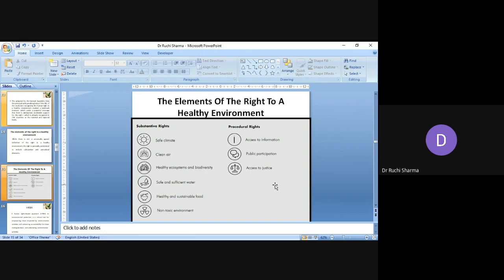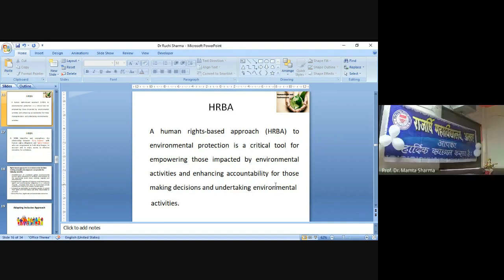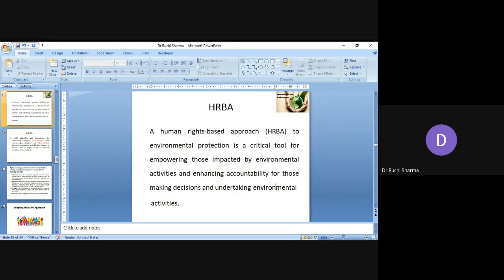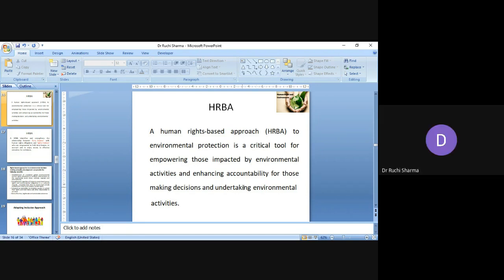So, a human rights based approach is essential for environmental protection. HRBA stands for Human Rights Based Approach. It integrates all human rights, including the right to a healthy environment and its substantive and procedural elements mentioned above, as well as human rights principles such as inclusivity and universality, equality, non-discrimination, and accountability.